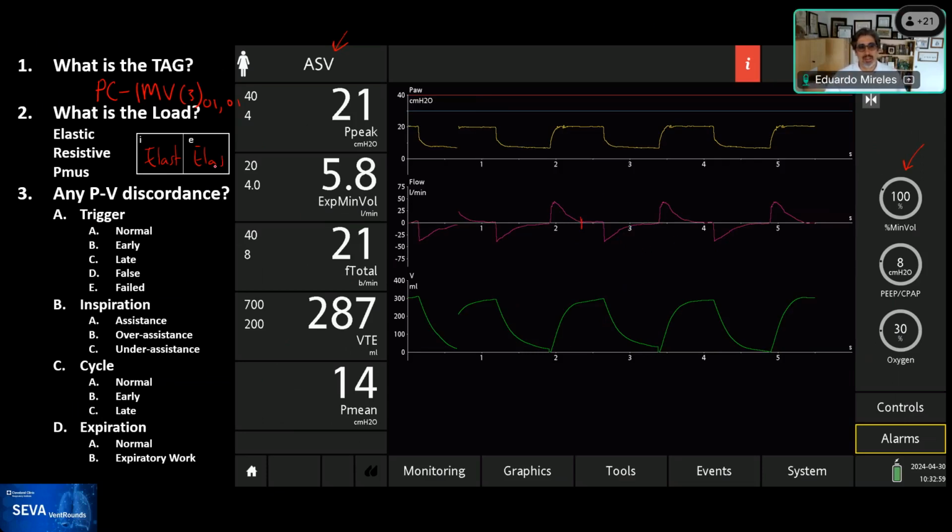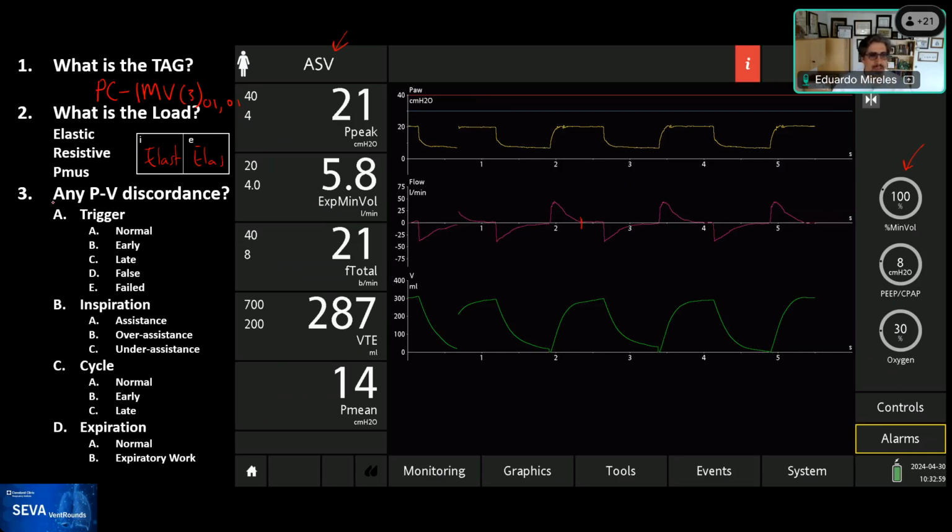Just be aware, the load is elastic, and the I time in this ventilator is set automatically by the device, as well as the respiratory rate. So this is not a respiratory therapy driven inspiratory time or setting.